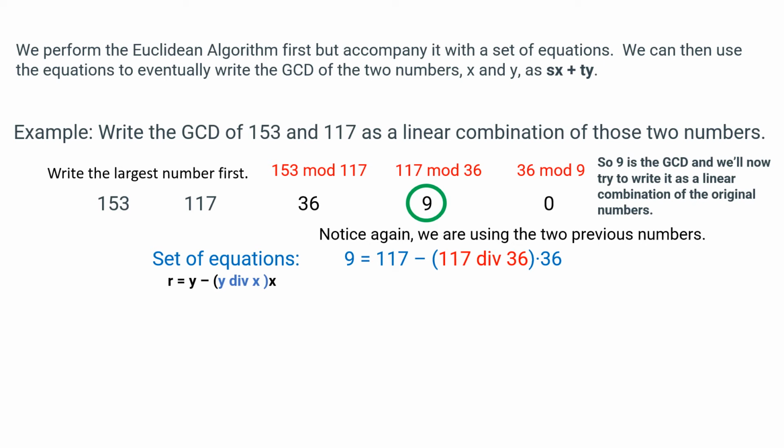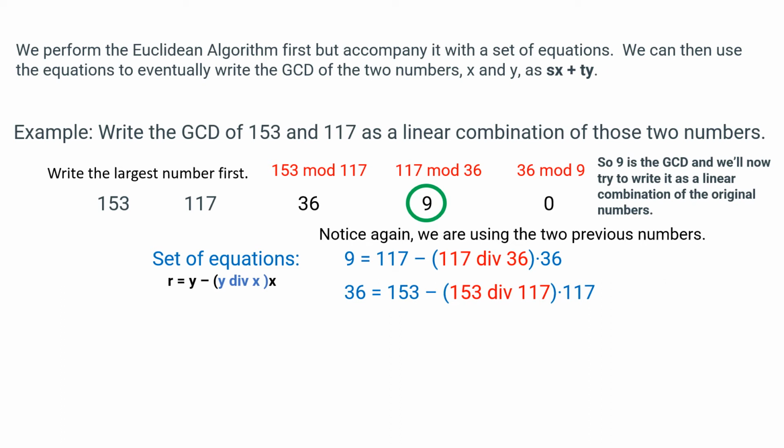Then I'm going to step back as many times as I can until I've run out, and this will be the last time I can do it. I'm going to step back and look at the 36 and write it using those two previous numbers. So 36 would equal 153 minus 153 div 117 times 117.